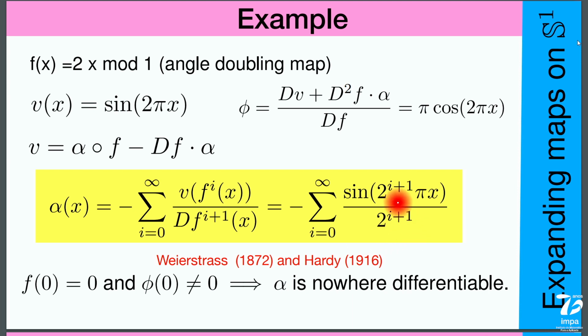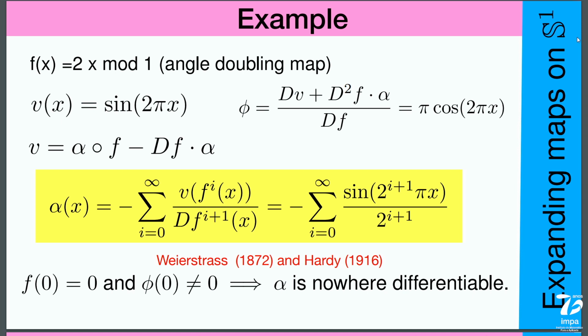It's easy to see that this is continuous, and this is actually the classical Weierstrass function that you see in an analysis course. This function is nowhere differentiable, and you can prove that in one line using the previous statement, because 0 is a fixed point for this angle doubling map, and phi, this observable here, is different from 0 at 0. So automatically, you can conclude that alpha is nowhere differentiable.